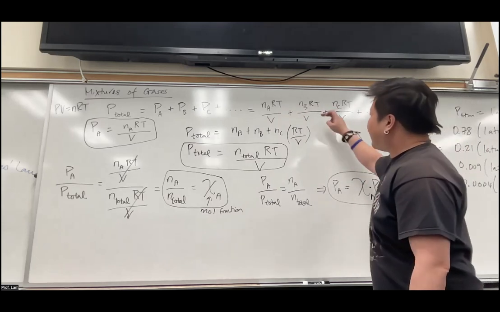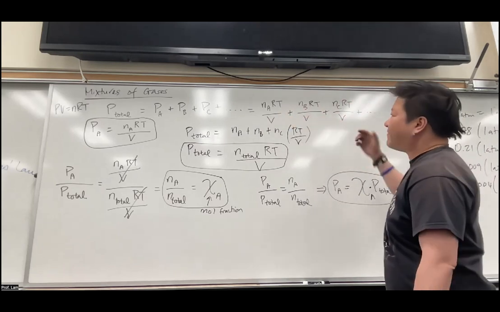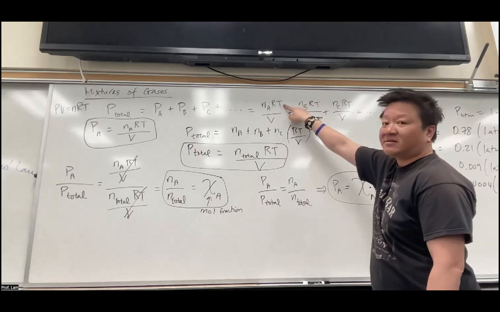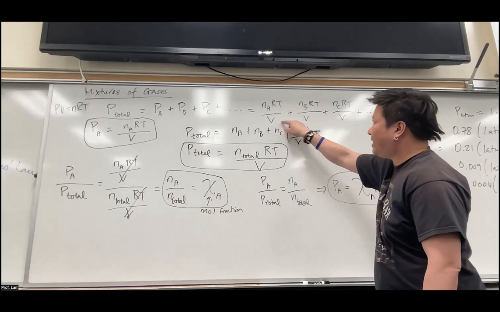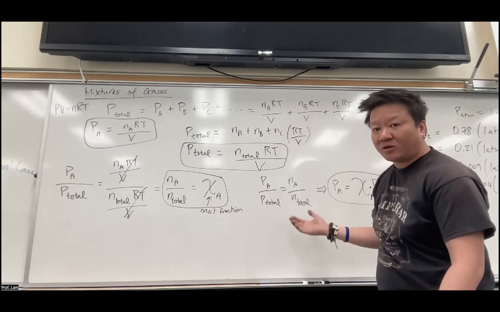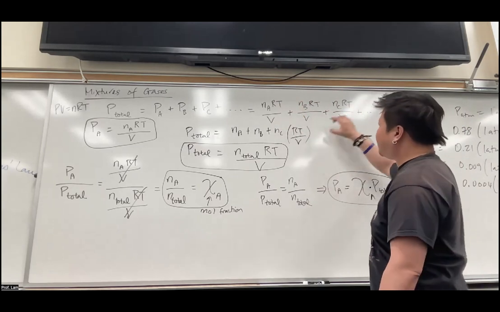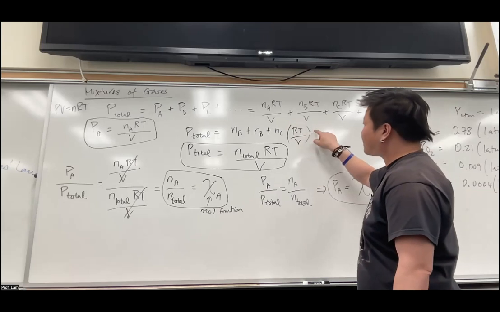And then to get from here to here, you see that R, T, and V are all the same values. Why? Because all the gases are in the same container, so they're all at the same temperature and the same volume. I don't need to say TA and VA, TB and VB, they're all the same, right? So that's nice, because now I can just take RT over V and factor it out.